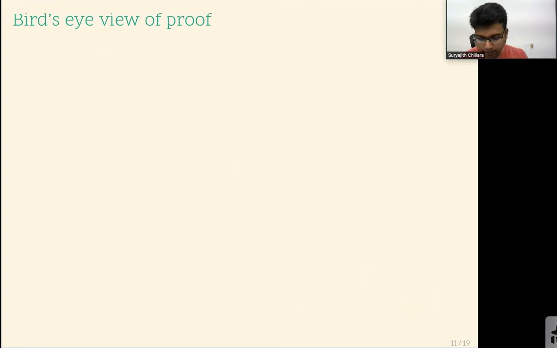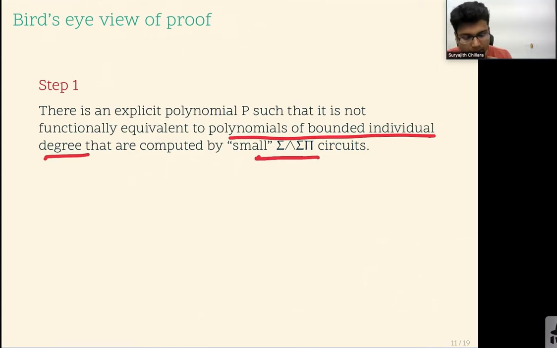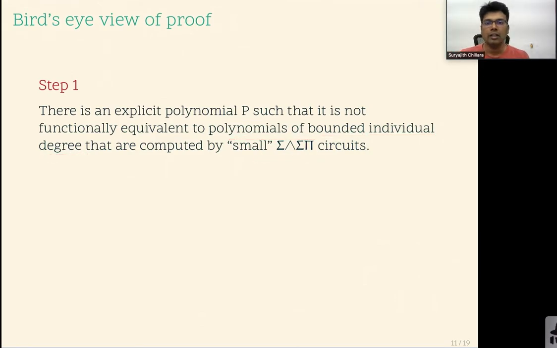So let's look at a bird's eye view of the proof, how we go about proving such results. So we first show that there exists an explicit polynomial P such that it is not functionally equivalent to polynomials of bounded individual degree that are computed by small sigma power sigma pi circuits. So ideally, to show lower bounds against AC0, we'd like to show that there exists an explicit polynomial such that it is not functionally equivalent to polynomials that are computed by quasi-polynomial size sigma power sigma pi circuits.